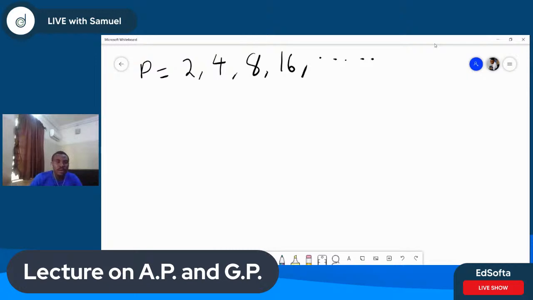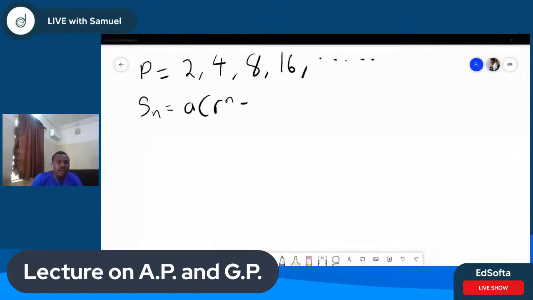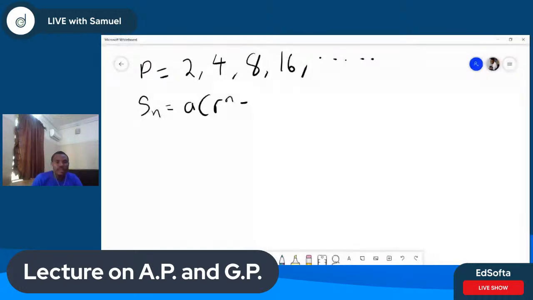And we know the formula. We know that the formula is Sn is equal to A into brackets r raised to power n minus 1. Note that this r raised to power n minus 1 is not plus 1, it is minus 1, so that we don't make that mistake.